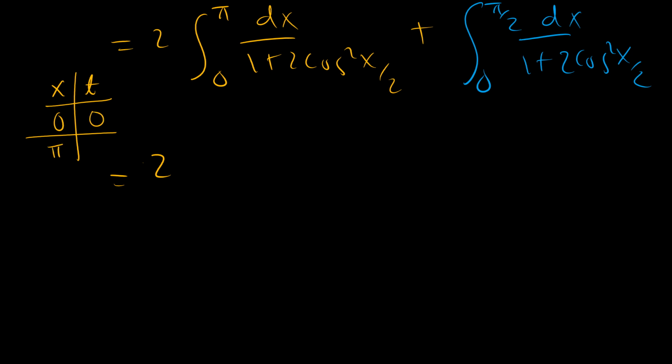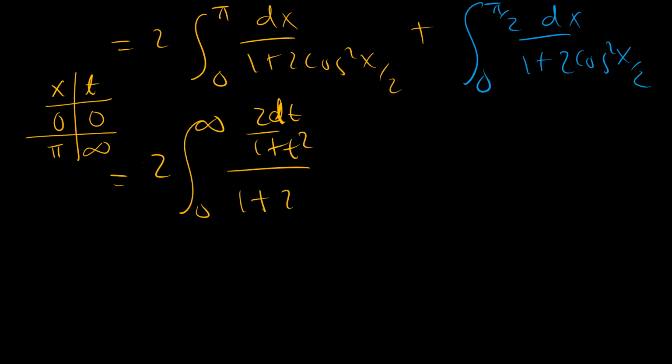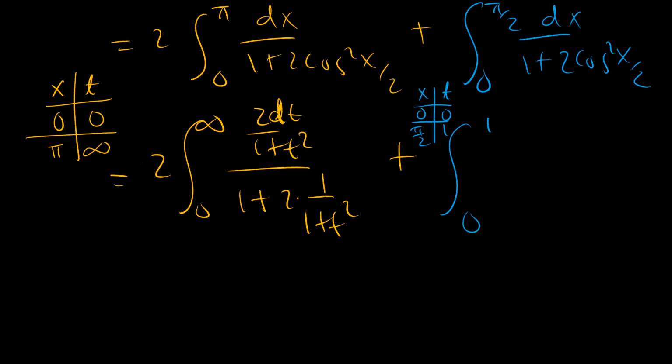When x is pi, tan of pi over 2, as x tends to pi over 2, t will tend to infinity. So now we have 0 to infinity of 2 dt over 1 plus t squared, over 1 plus 2 times 1 over 1 plus t squared, plus, for the blue integral, the limits are 0 and, at pi over 2, tangent of pi over 4 is 1, so 0 to 1 of 2 dt over 1 plus t squared, over 1 plus 2 over 1 plus t squared.